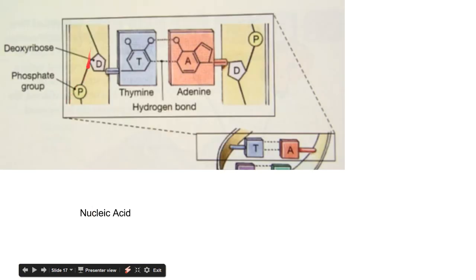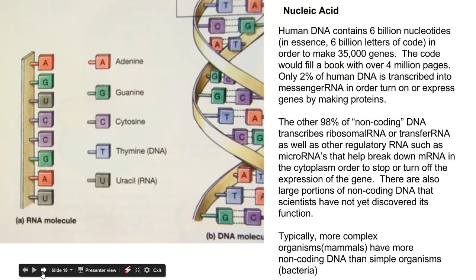Again, sugars and phosphates make up the sides of the double helix. The nitrogenous base makes up the letters of the code, and then we have the A's, the T's, the G's, the C's, the U's. Again, that's the nitrogen part. Here's the sugar part and the phosphate part. Again, RNA is single-stranded, DNA is double-stranded, a double helix.